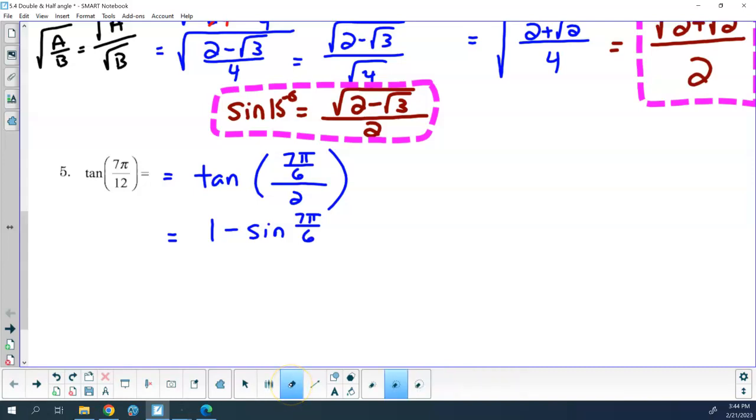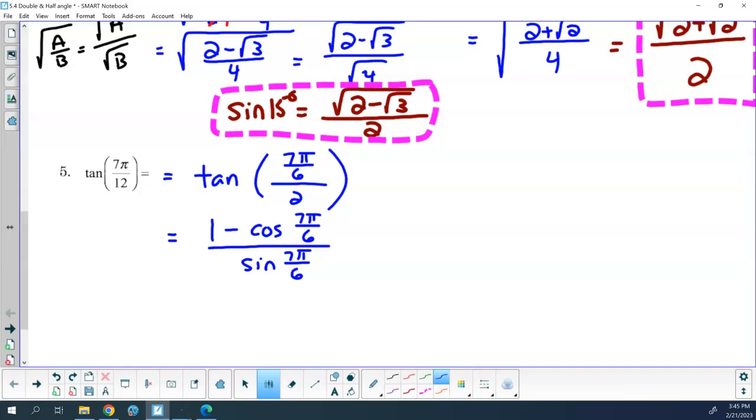I read my own problem wrong. 1 minus cosine of 7 pi over 6, all divided by the sine at 7 pi over 6. Sometimes that one's easier. Sometimes the first one is easier. The radical one will get you to the same spot. It just takes more work to get there.